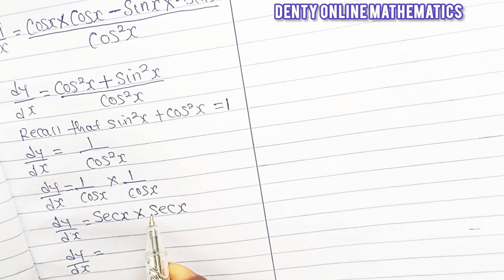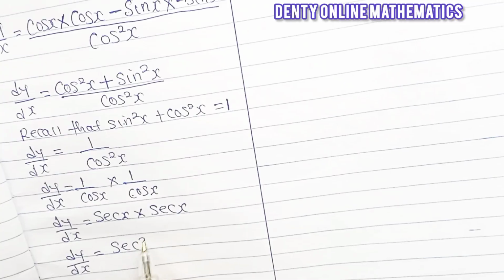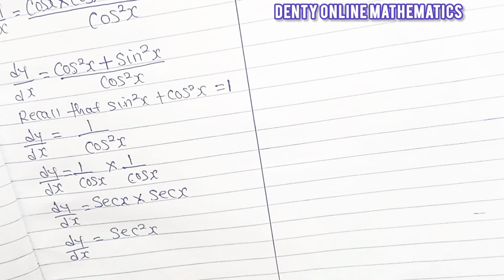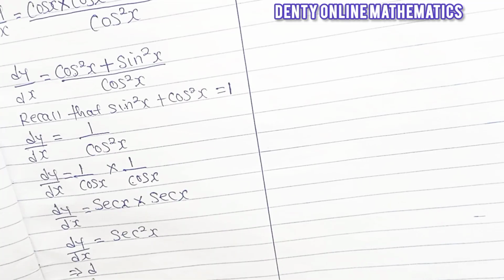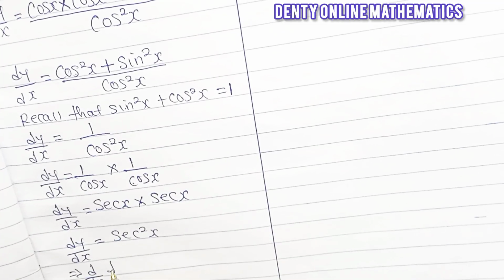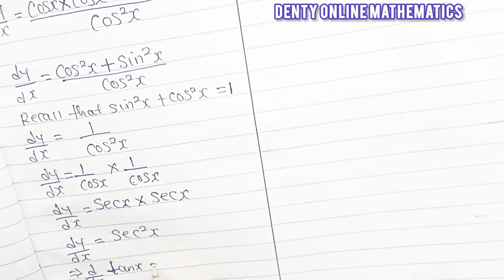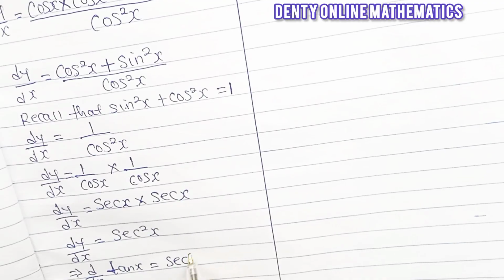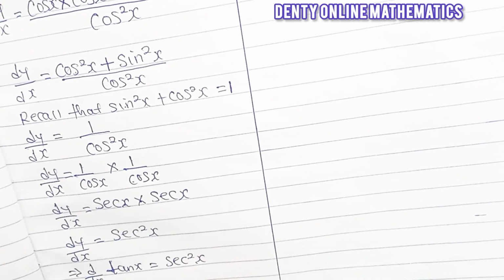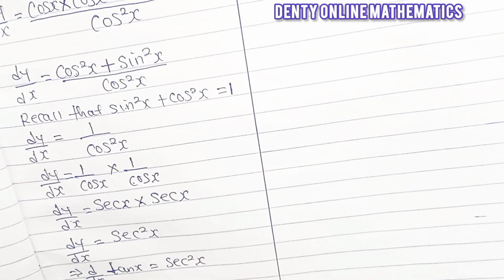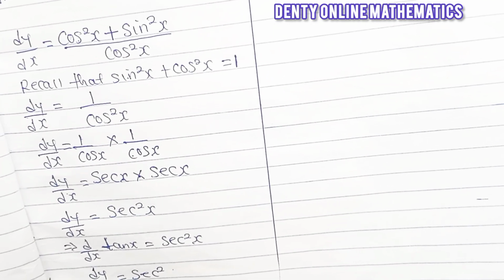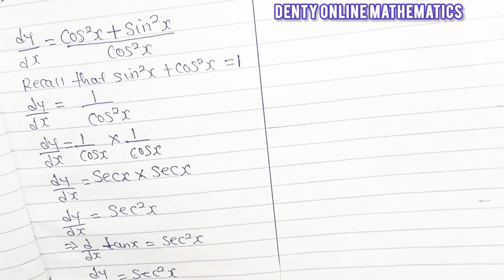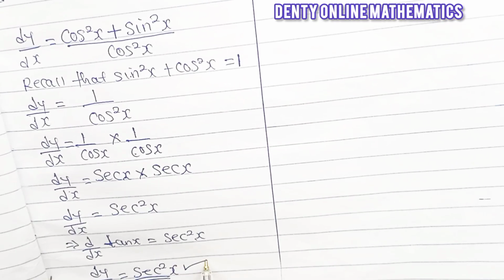If you have sec x times sec x, you're going to have sec squared x. That implies that d over dx of tan x is equal to sec squared x. Or we can say our dy over dx is equal to sec squared x. And that's the solution to this problem.